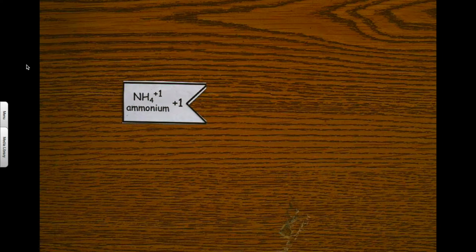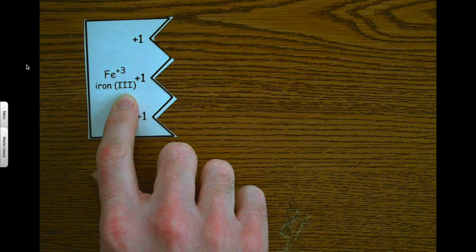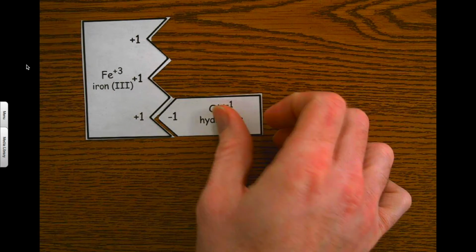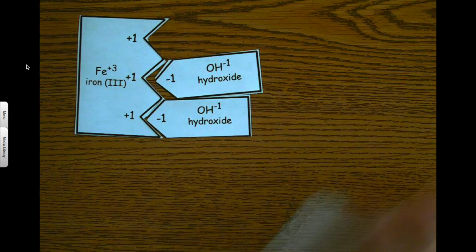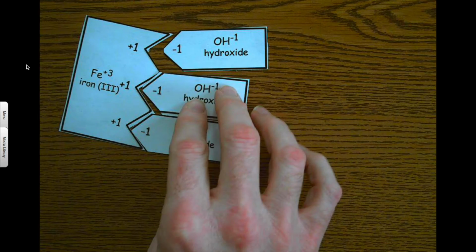And then let's take a look at something like iron. We have iron 3+, that's a transition metal, so it is a type 2. And so the oxidation number is 3, the charge is +3. So if we had hydroxide, and then there's another hydroxide, and then we have to have 3 hydroxides to make a net charge of 0.